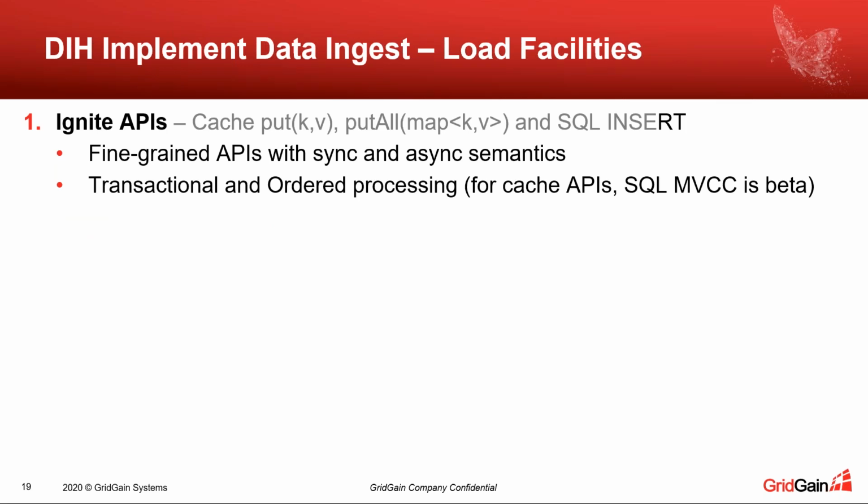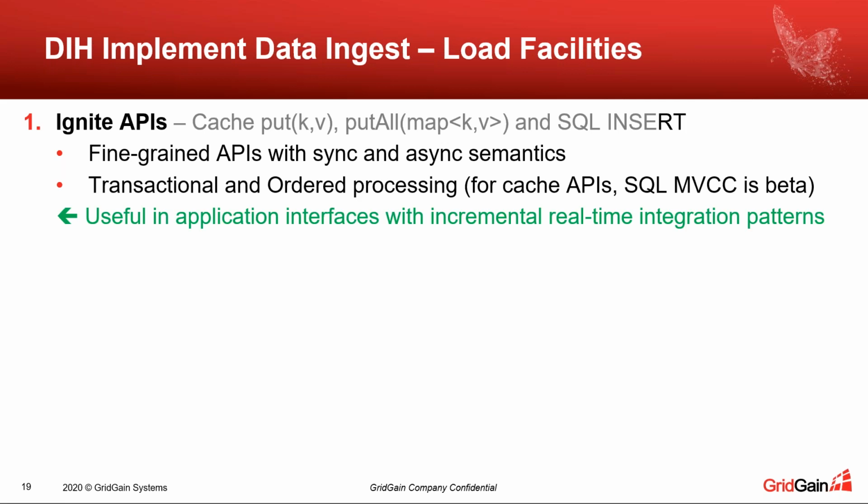As I mentioned before, and I'll just quickly review here, for Ignite clusters and the in-memory database version that you would use for a digital integration hub in particular, we've got 4 core data loading or data ingest facilities, starting with the core Ignite cache API that includes puts and put alls with fine-grained synchronous and asynchronous data write semantics, transactional and order processing needs, plus SQL DML for those looking to use SQL, and optionally JDBC or ODBC tools and apps.